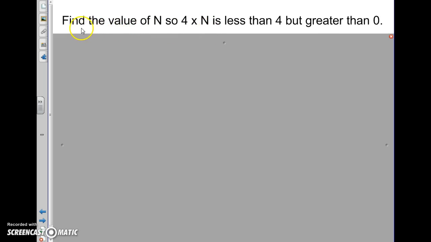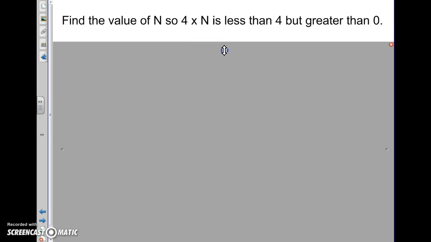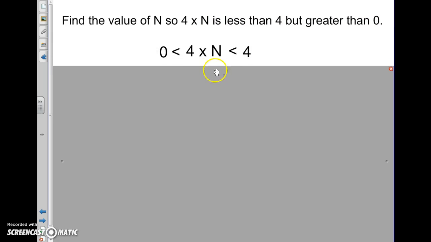So for this one, we're going to find the value of n. 4 times n is less than 4, but greater than 0. What that looks like as a mathematical expression is 4 times n is going to be less than 4, but greater than 0.